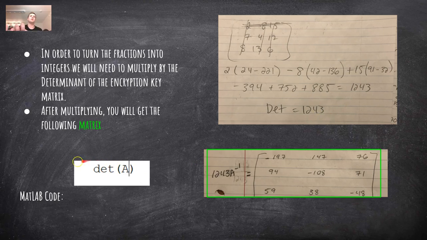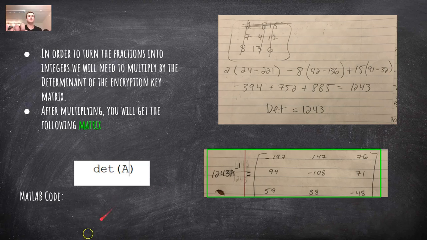This is the Matlab code for the determinant of our encryption matrix.